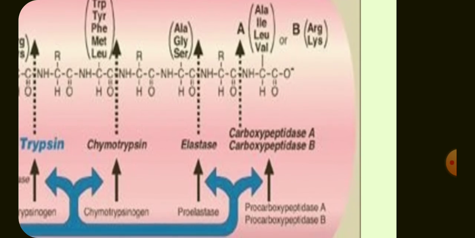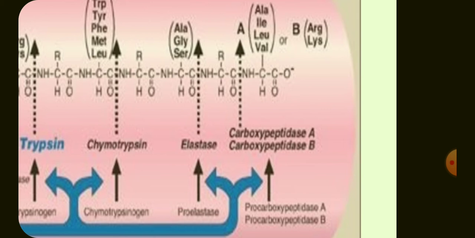Endopeptidases are enzymes which act on the peptide bonds of a polypeptide in the middle, not on every bond. Exopeptidases act on the peptide bond contributed by the extreme amino acids, that is, the N-terminal amino acid or C-terminal amino acid.